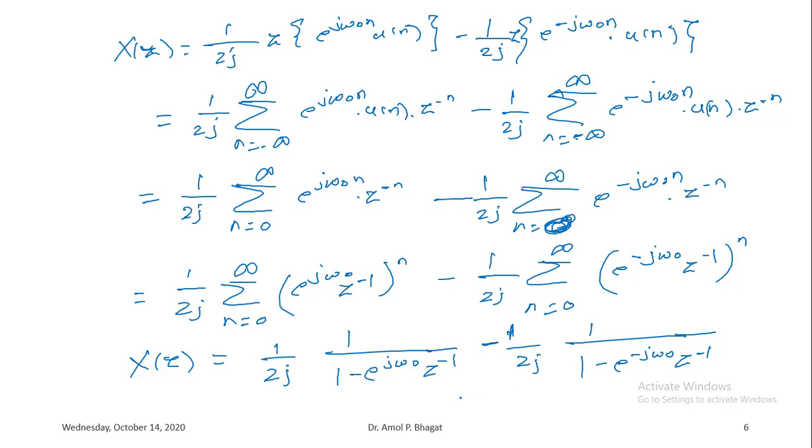Okay. Again in this case, the conditions on ROC will be mod of e to the power j omega 0 z inverse should be less than 1 for the first term, and for the second term again mod of e to the power minus j omega 0 z inverse should be less than 1. Okay.